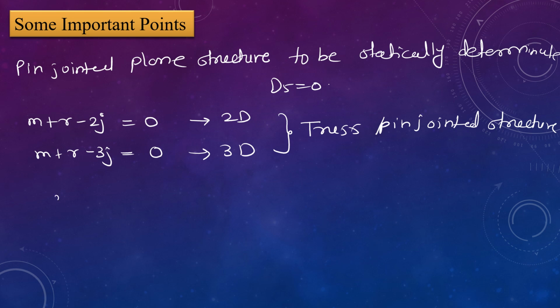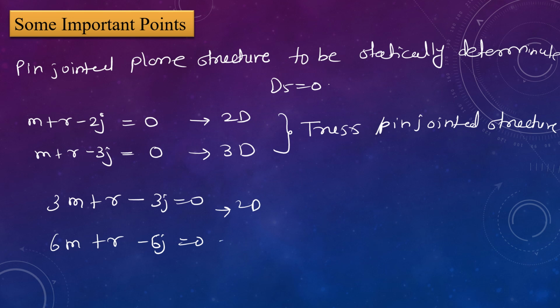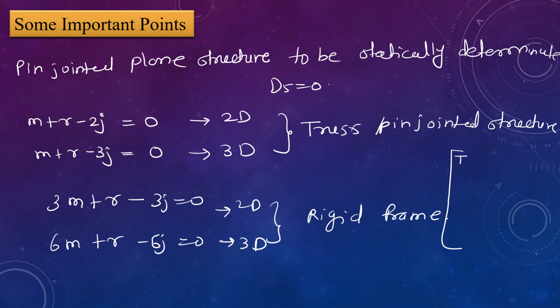Then next, 3M plus r minus 3j equal to 0 and 6M plus r minus 6j equal to 0. This is for 2D and this is for 3D. Both formulas are for rigid frames. Next, there is another name for indeterminate and determinate structures.